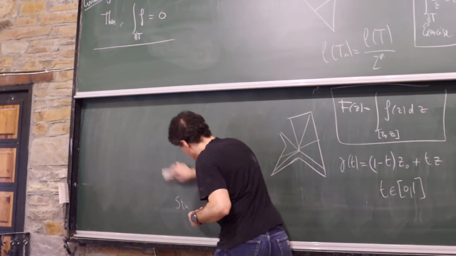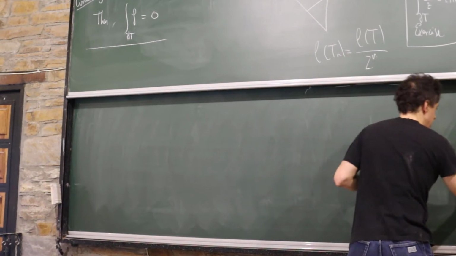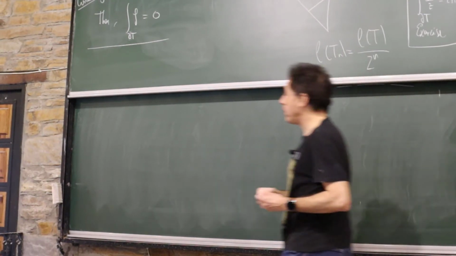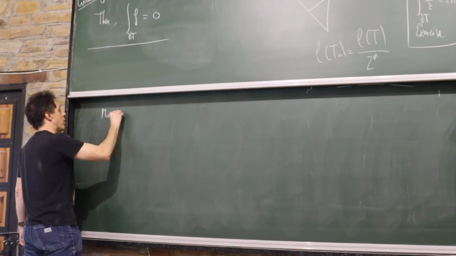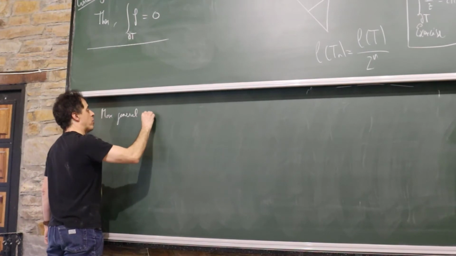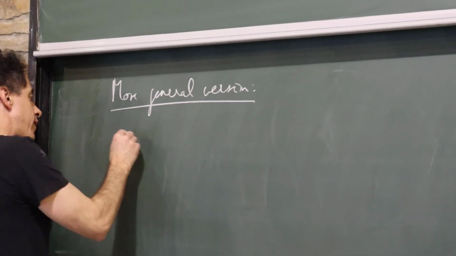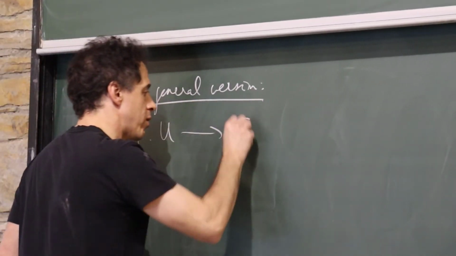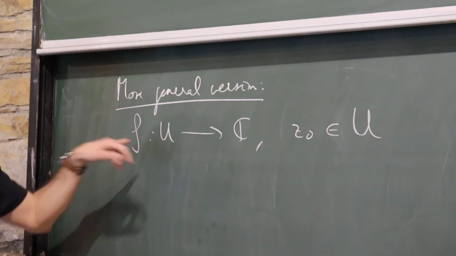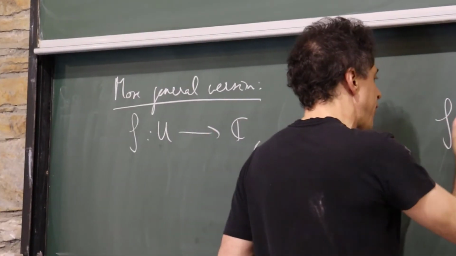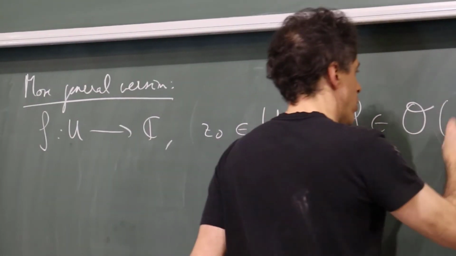Goursat's theorem, more general version: assume that we have a function f continuous in U, a point z0 in U, and such that the function f is holomorphic in U minus z0.